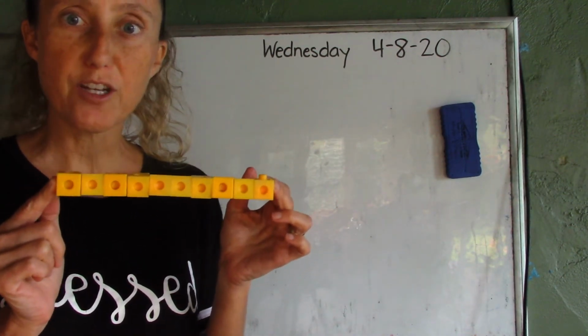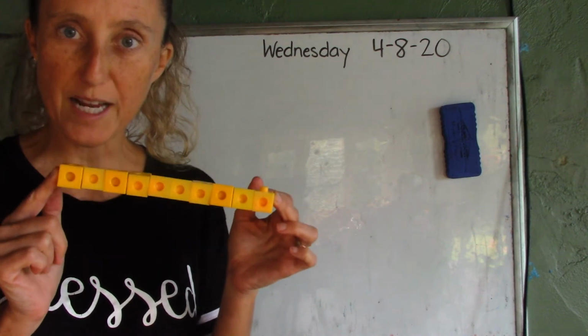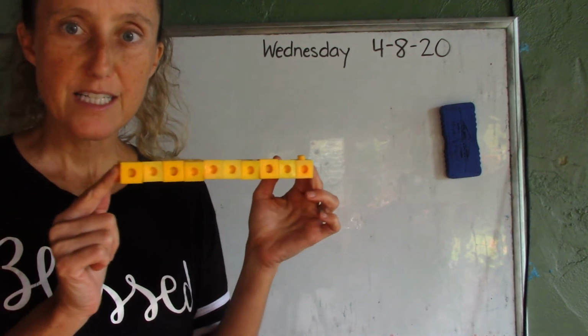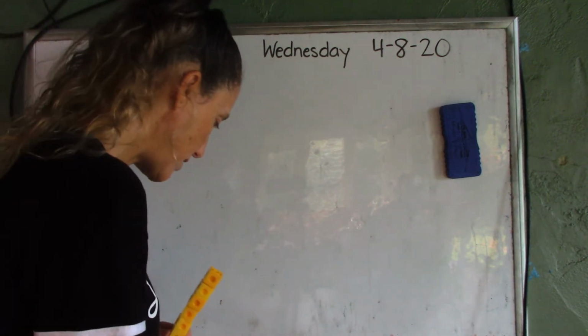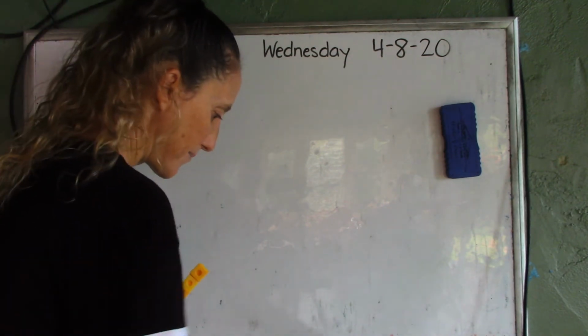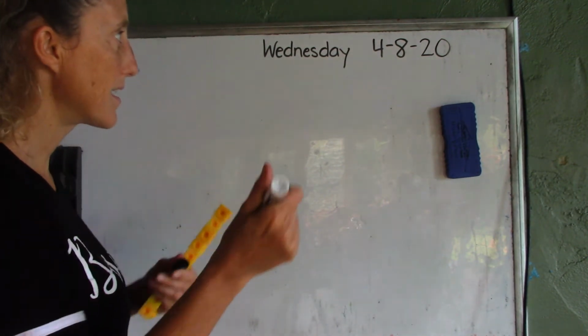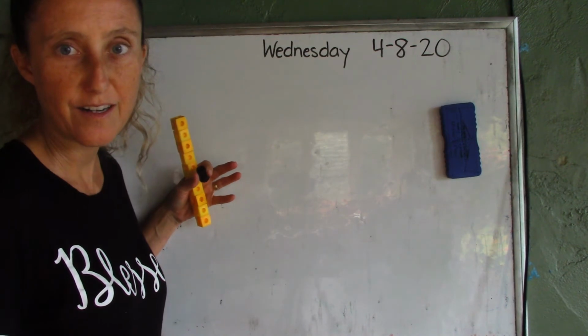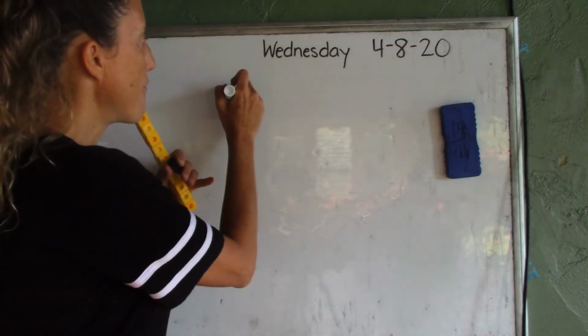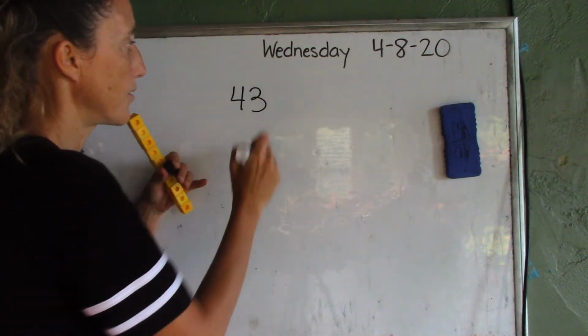This is called a train, a linking cube train. So if I have 10 of them here, let's say that all together I counted and I had 43 linking cubes.